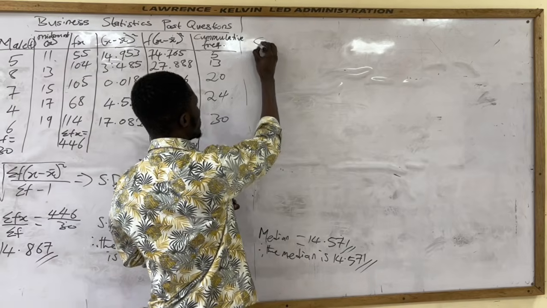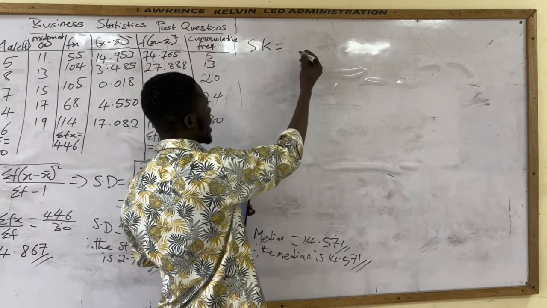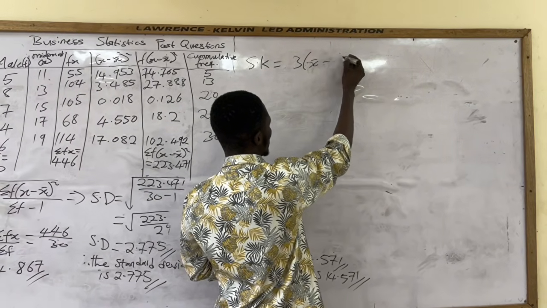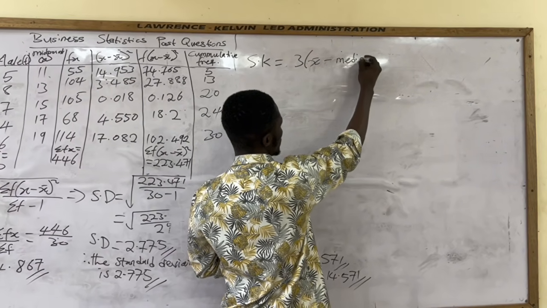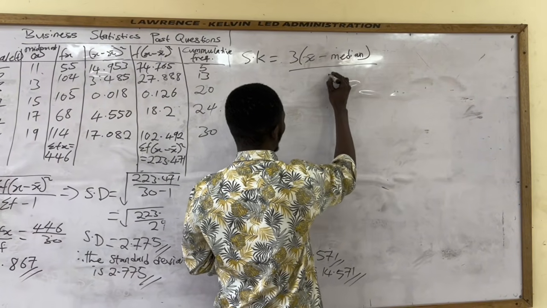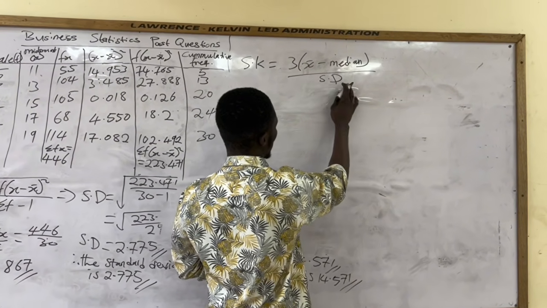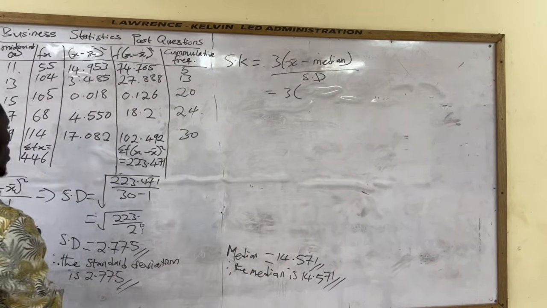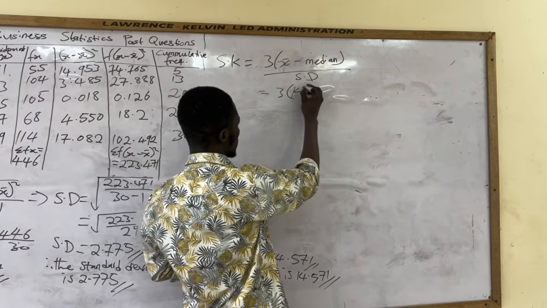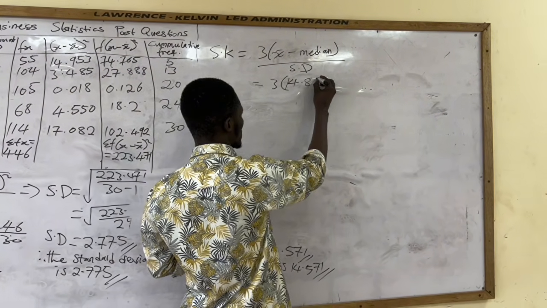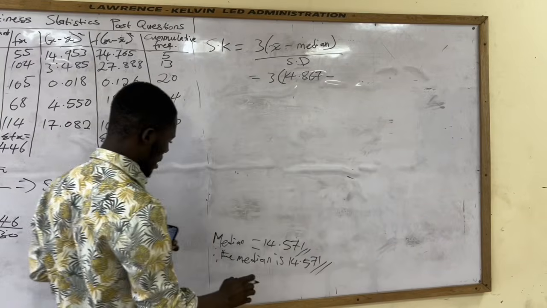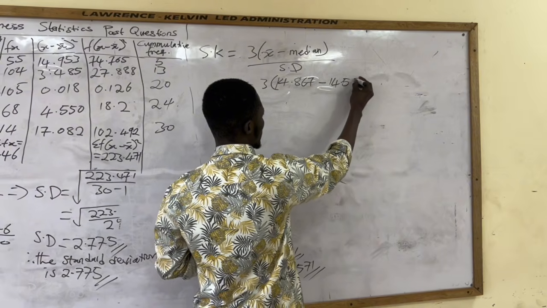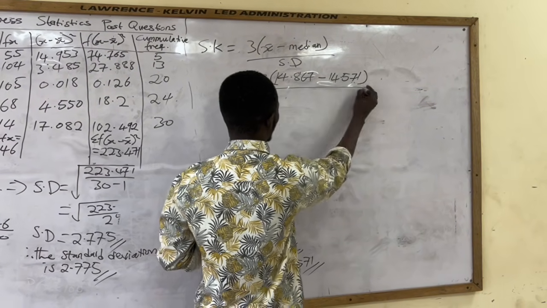So coefficient of skewness, the formula is 3 times the mean minus our median, all divided by our standard deviation. So our mean, we had the mean to be 14.867, minus the median, which is 14.571, all divided by the standard deviation.